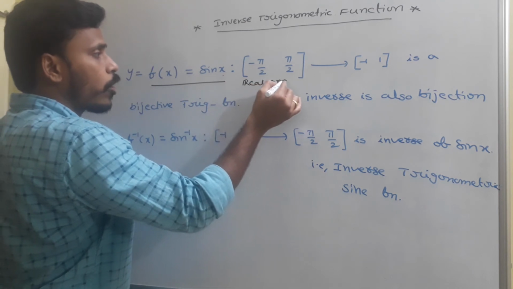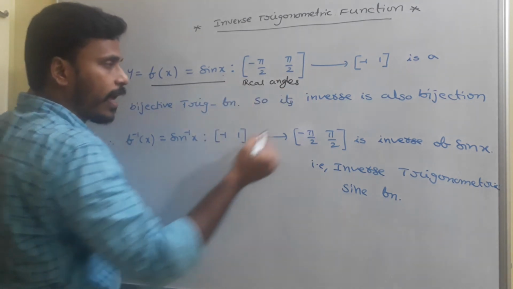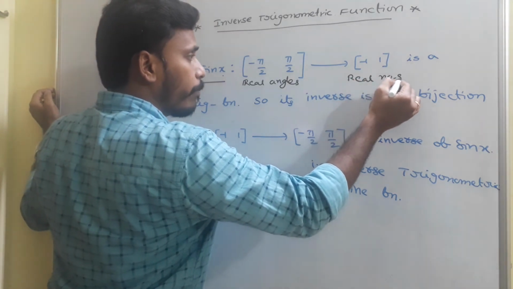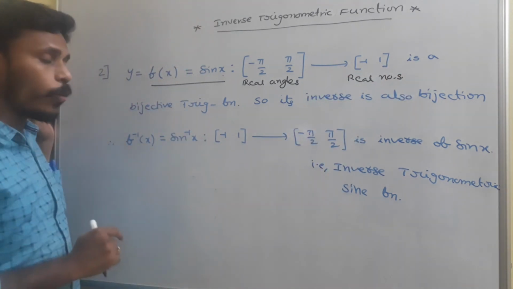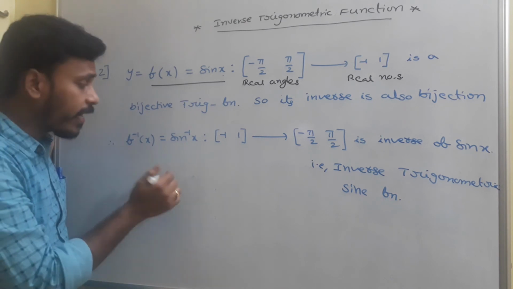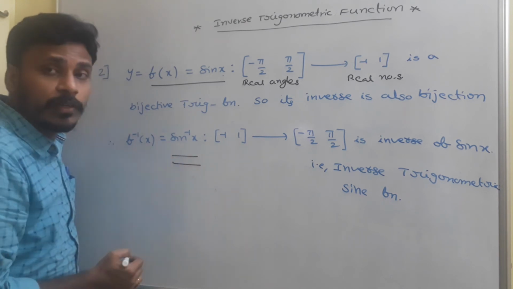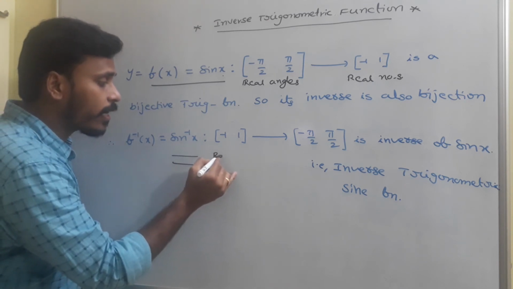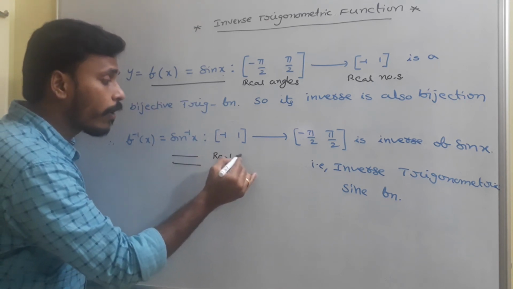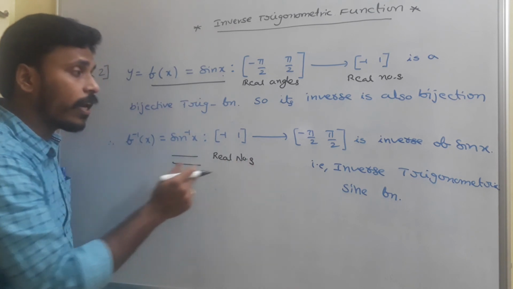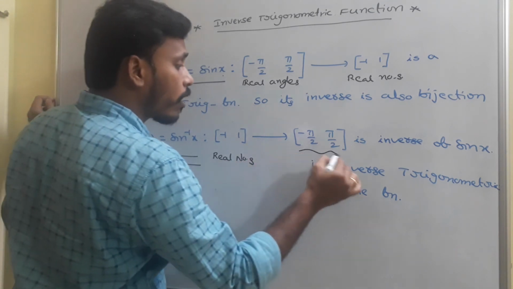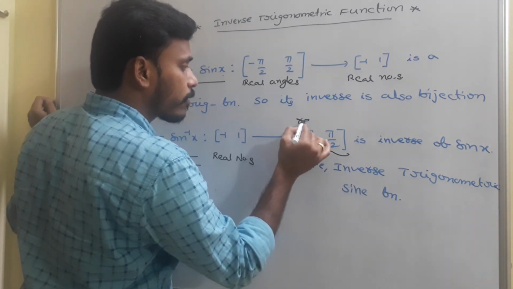The input of sin x is real angles, whereas the output of sin x is real numbers. Whereas coming to this inverse trigonometric function sin inverse x, for this sin inverse x, the domain is from minus 1 to 1, that indicates that the inputs of sin inverse x are real numbers, whereas the outputs of sin inverse x are real angles, okay.